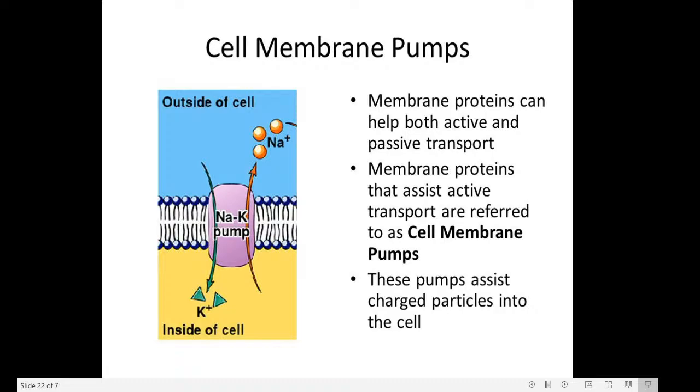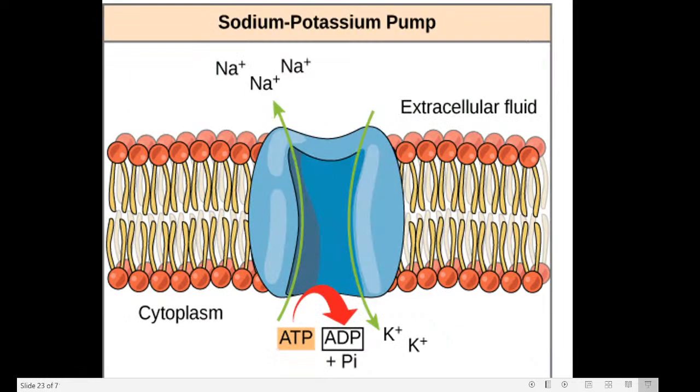These are called active, they assist the active transport, referred to as cell membrane pumps. These cell membrane pumps are activated, allowing the sodium, allowing the potassium, and also ions. Here the sodium potassium pump is there.